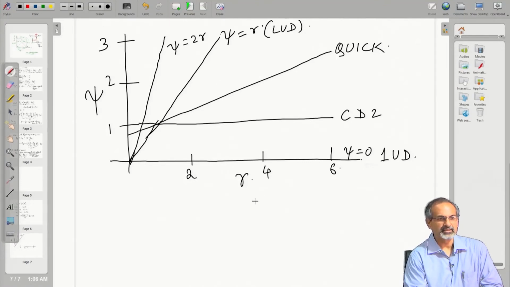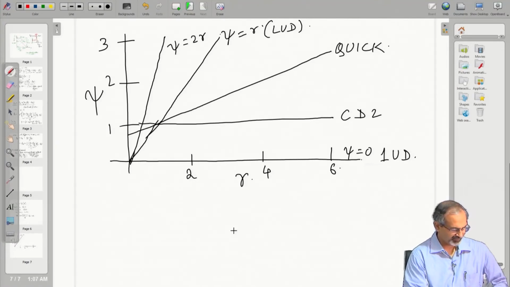So, this is how the different schemes actually figure in the psi r plane, right.